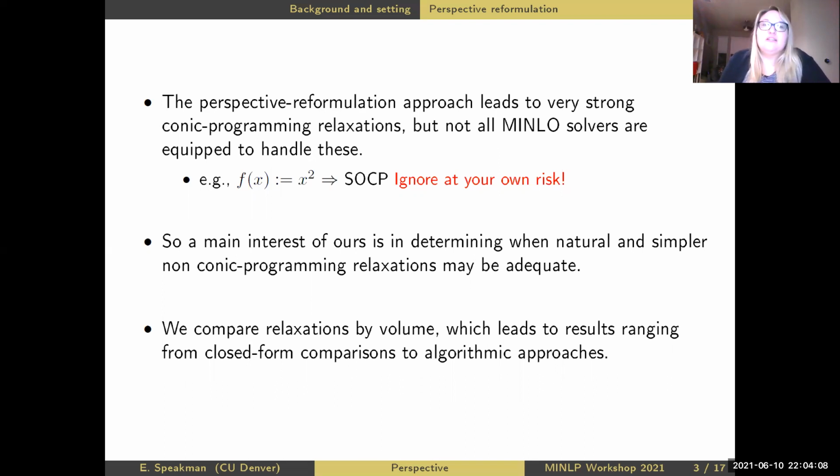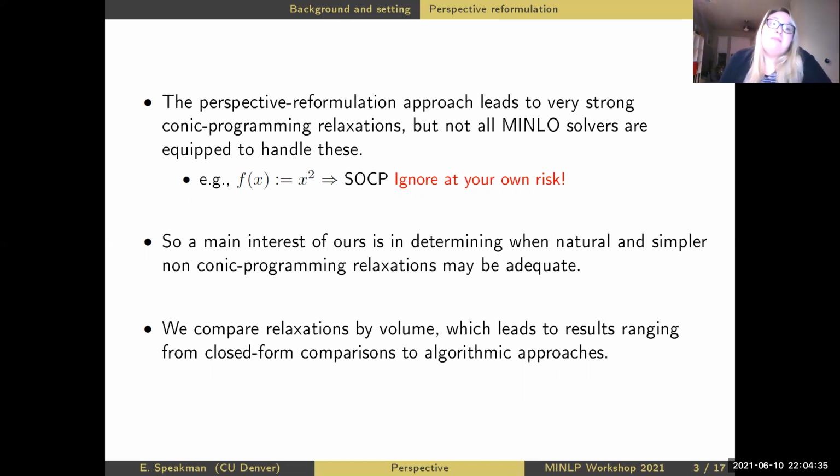Unfortunately, not all solvers are equipped to handle these. So for example, when our p is equal to 2, we just have this quadratic function. We use the perspective reformulation and we end up with a very nice second order cone. The problem is, if you're using a conic solver, this is fantastic. If you're not using a specific conic solver, it might be that your solver can't recognize this as a cone, and that can lead to problems.